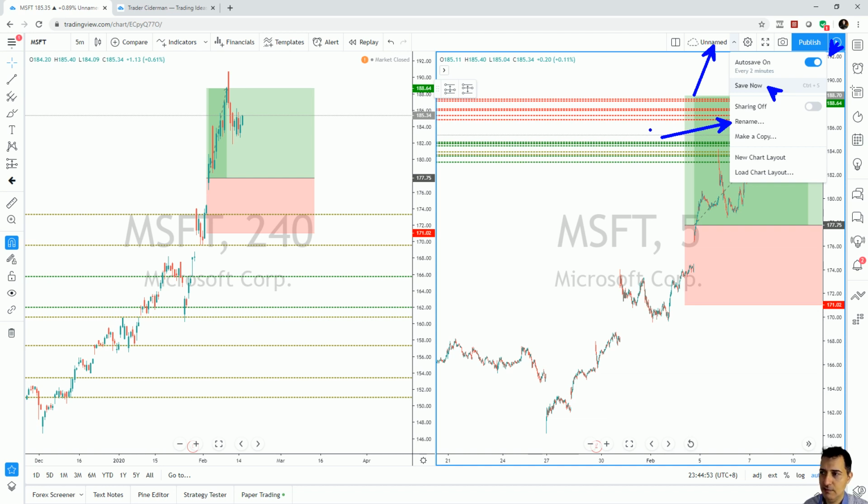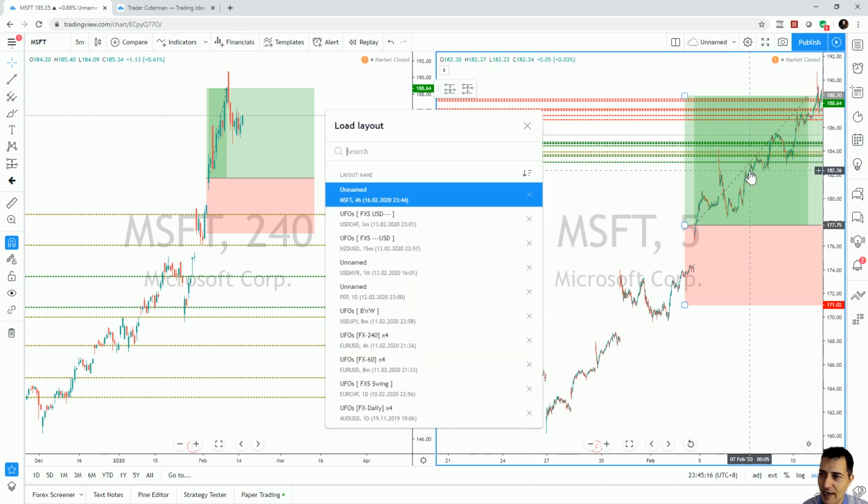So then you can do things like what I do for myself, where I come to load chart layout, and I got so many charts here. Let me get rid of those that I never saved.